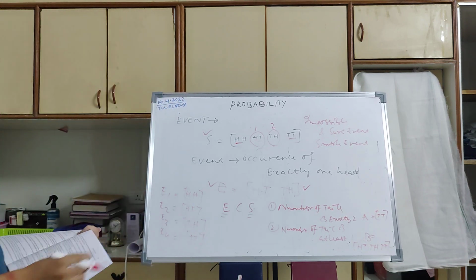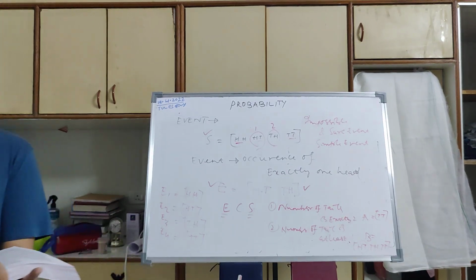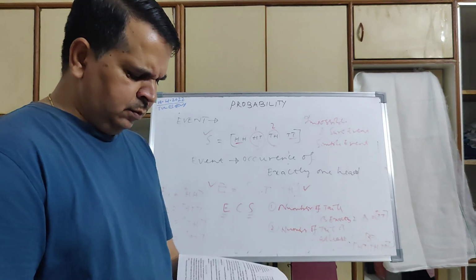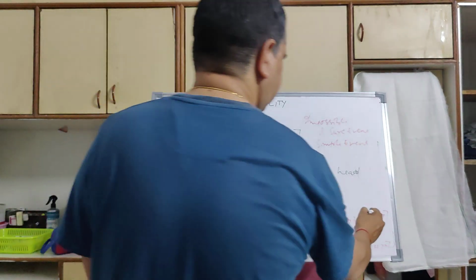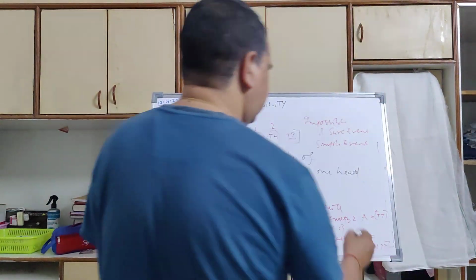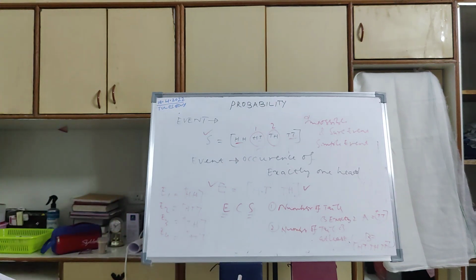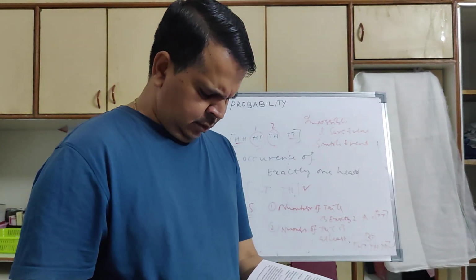A simple event will have only one sample point. Then what is a compound event? If an event has more than one sample point, it is called a compound event. So here A is a simple event, whereas B is a compound event.